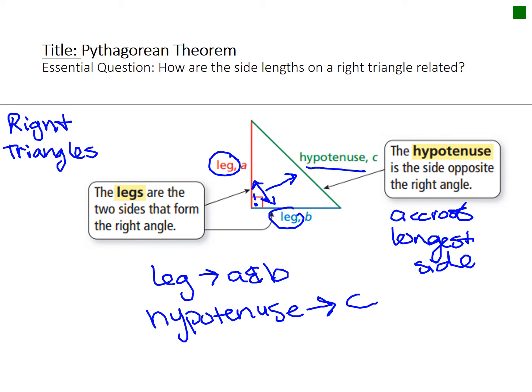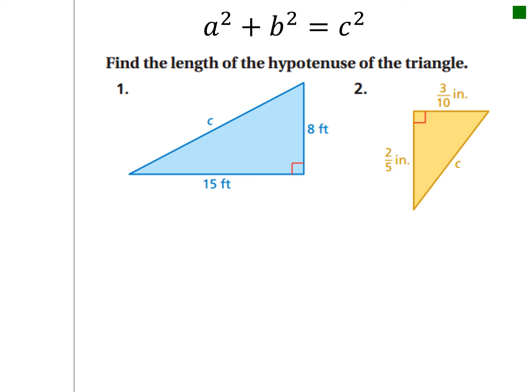The interesting thing that happens here with a right triangle is that the two legs squared, when added together, are always equal to the hypotenuse squared. So let's go ahead and I'll explain that with some examples.